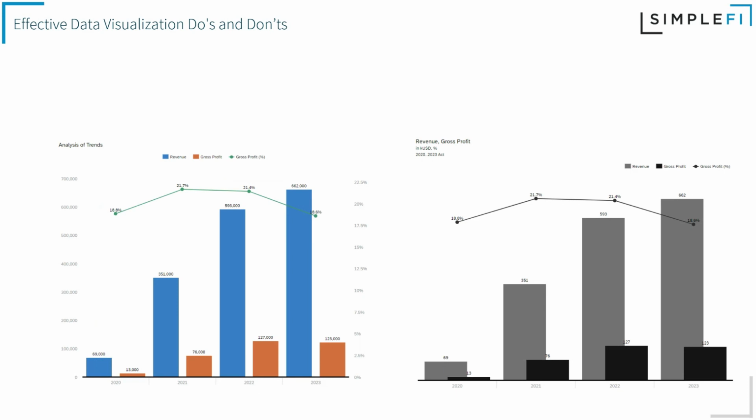We scaled the numbers. So instead of 350,000, it's 351. And you see in the title of the chart, it says in K US dollars and percentages, the percentages for the gross profit. It also shows 2020 to 2023 ACT for actual.